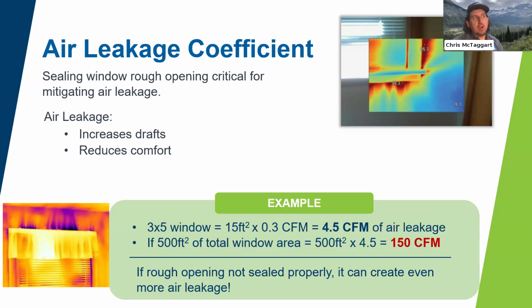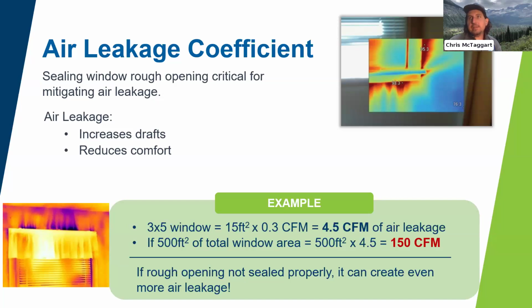Because we can have an awesome product from the factory that doesn't leak, but then if the rough opening, which is roughly about a half an inch all around the perimeter of the window, if that's allowed to leak, well, all of a sudden we're going to still have air leakage, we're going to have draftiness, we're going to have comfort issues. So this kind of just gives you a little bit of an idea here.